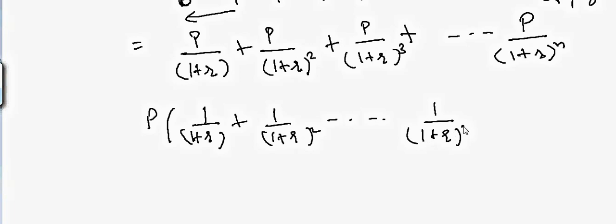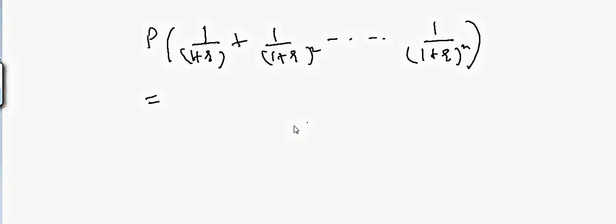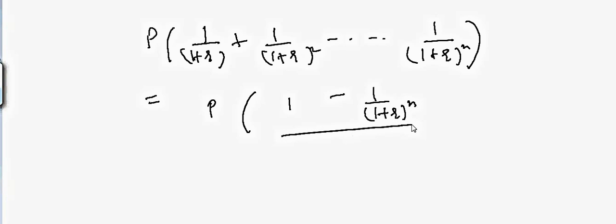If you look at this series carefully, this is a geometric series, so you can solve this by saying p into 1 minus 1 plus r to the power n divided by 1 minus 1 divided by 1 plus r. So this is your value of the annuity.